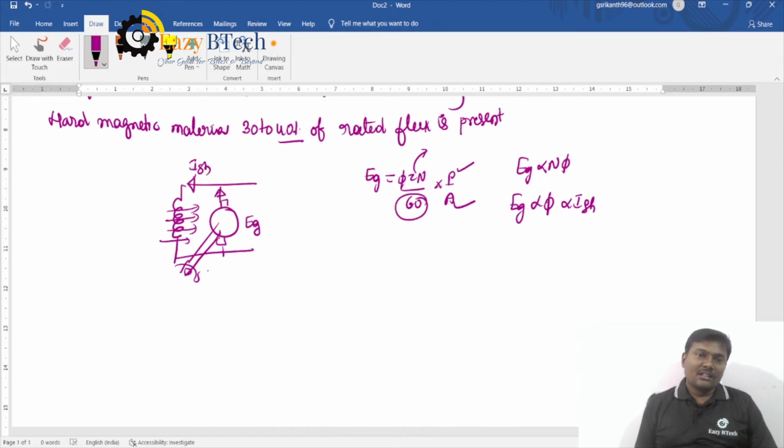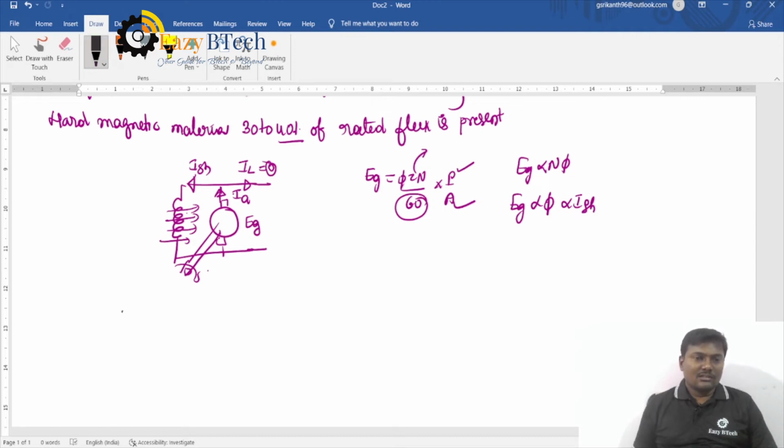The current is delivered from the armature, and the current flowing through the load is the load current. But under open circuit condition, this value is equal to 0. Some part of the current is required to produce the flux, and some part is required to meet the losses.